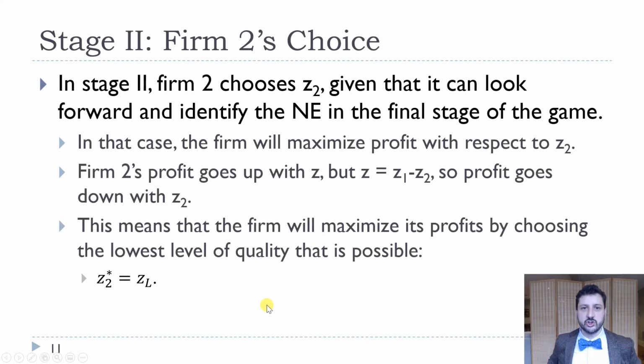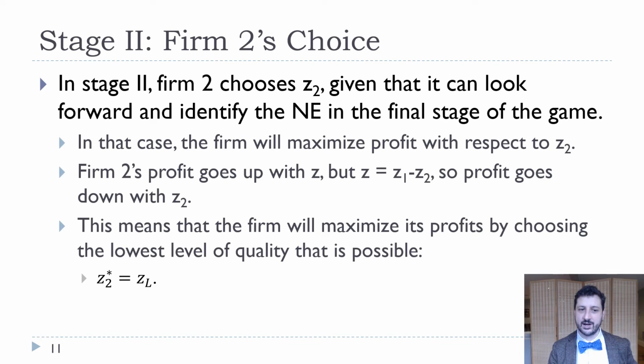Moving to stage 2 and firm 2's choice, they're going to choose some level of quality, Z2, looking forward and identifying the Nash equilibrium in the final stage of the game. They're going to maximize profits with respect to Z2. Both firms' profits go up with Z, but Z equals Z1 minus Z2, so that's negative for Z2.